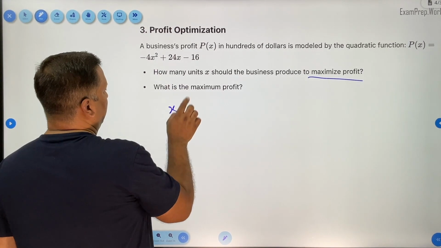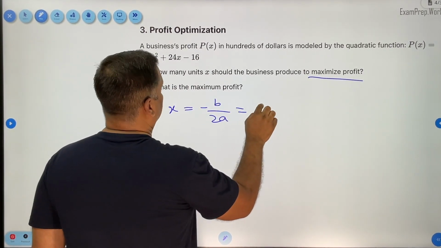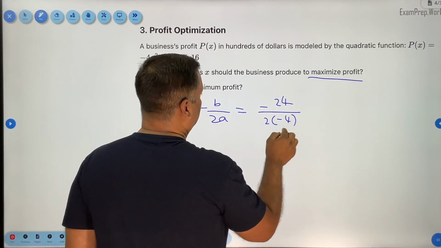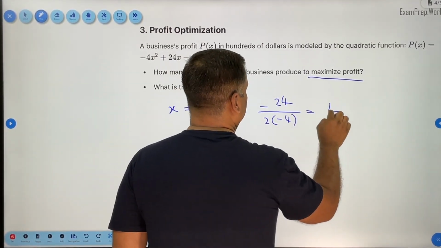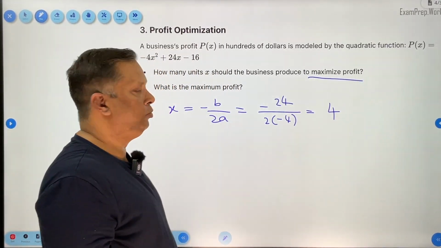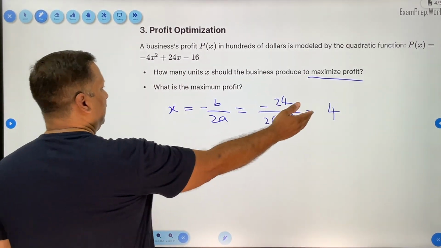Because x is the number of units, I will write minus b over 2a, which is minus 24 over 2 times minus 4, which is 4. So they should sell 4 units to maximize their profit. Now what is the maximum profit? Apply this 4 here.